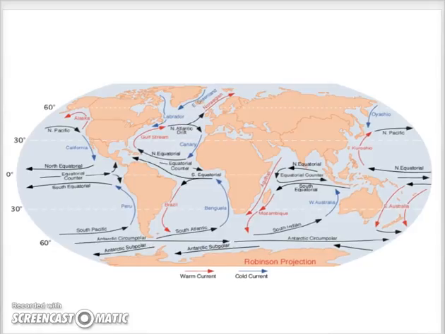On the western boundaries of the oceans, there are warm southward flowing currents: the Agulhas or Mozambique of East Africa, the Brazil current of Brazil and Argentina, and the East Australia current.